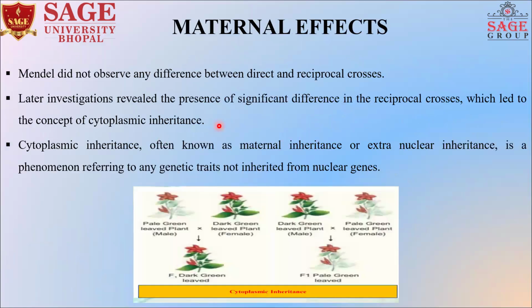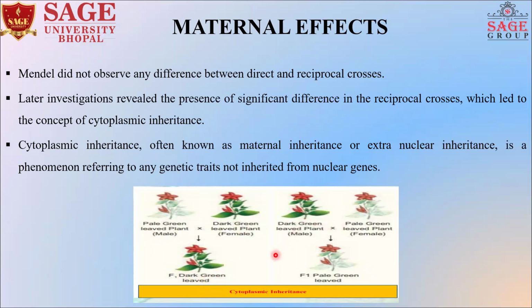And the last is the maternal effect. Mendel did not observe any difference between direct and reciprocal crosses. In the picture, we are observing that in one cross, a pale green leaf plant is considered male and crossed with a dark green leaf plant considered female. We observe that F1 is a dark green leaf plant.